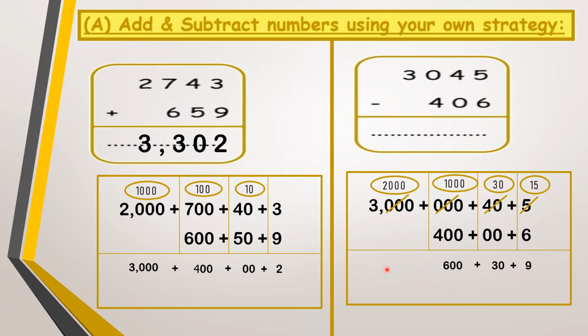Now 2000 minus nothing is 2000. This number is in expanded form. I will write it as a standard form. It will be 2639.